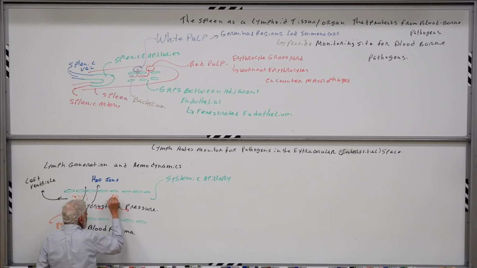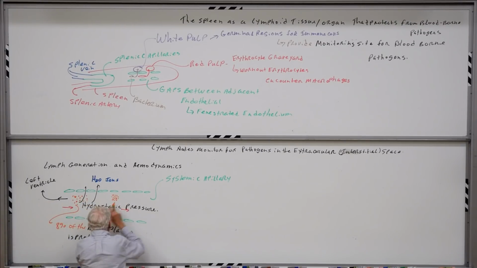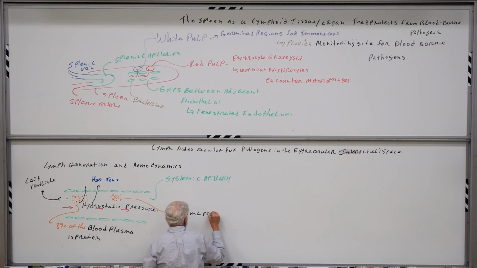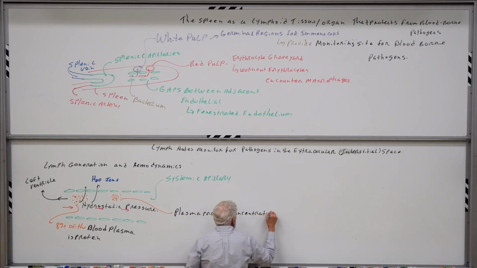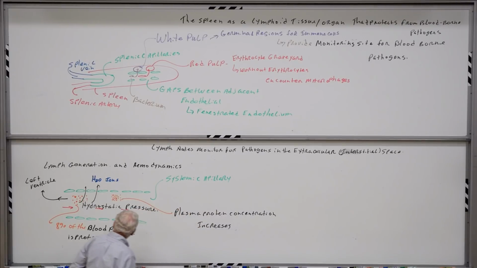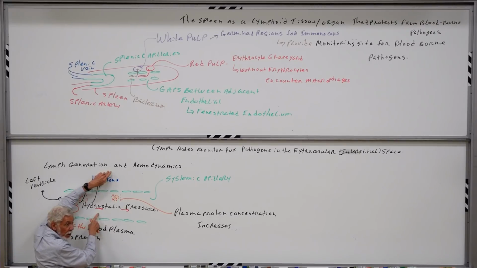So as the fluid is moving from this side to this side and water's being squeezed out, the plasma protein concentration increases. Because we've squeezed the water out, water's gone out into the extracellular environment, into the interstitial space here.